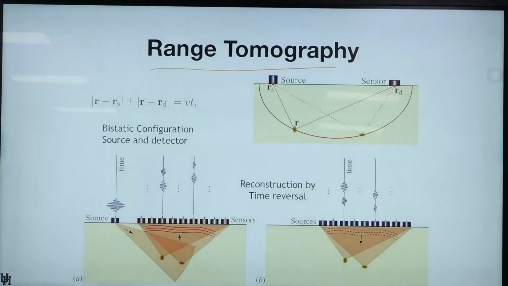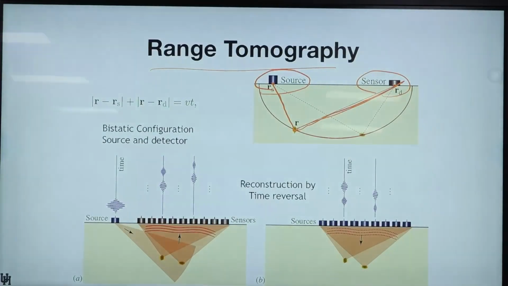So in range tomography, instead of having the source and the sensor at the same location, an alternative is to have them separated. It's a little bit more complicated, but it has some advantages as well. In this case, the source sends a signal, a wave, which travels a certain distance and gets to the sensor.